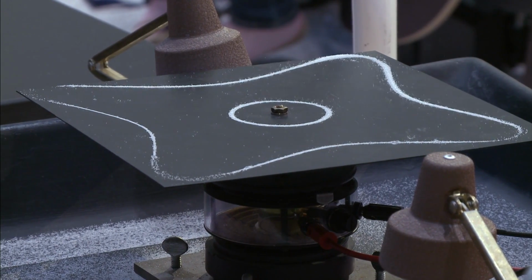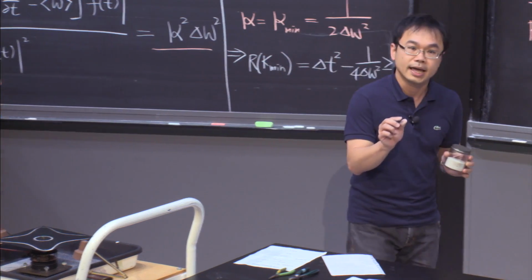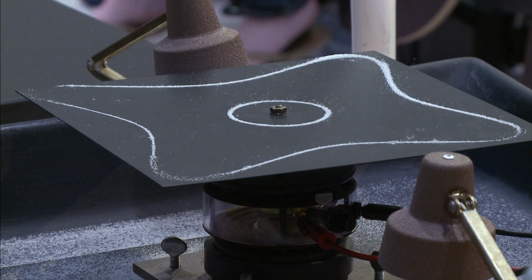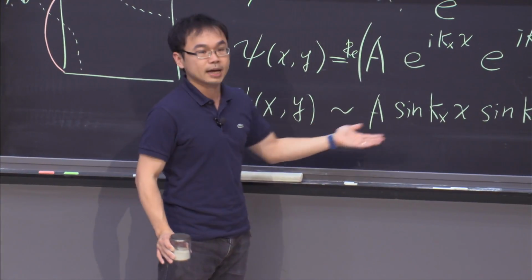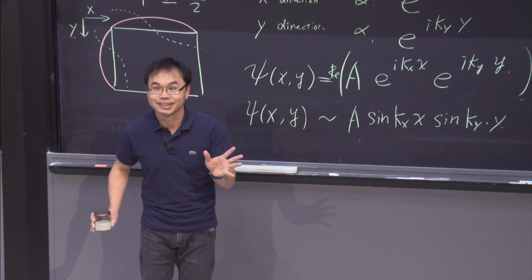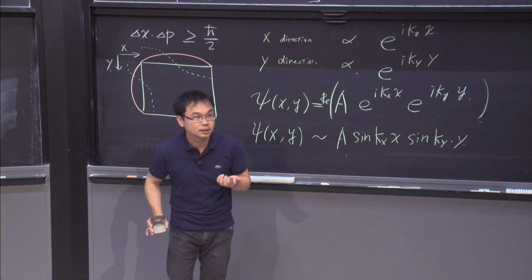So where will the sand actually sit? They will sit at the place where you don't have any vibration. Because what we are looking at is some kind of sine wave times sine wave or cosine wave times cosine wave. That means there will be nodes on the plate, and those are two-dimensional nodes.